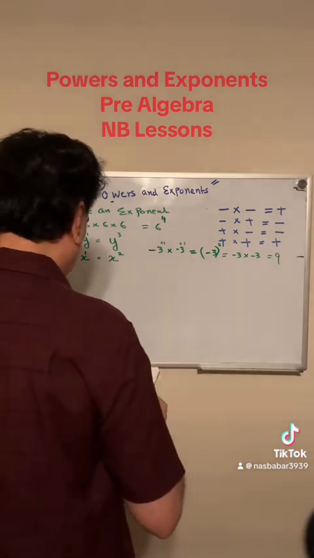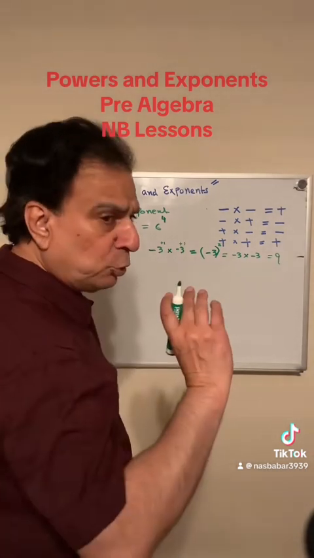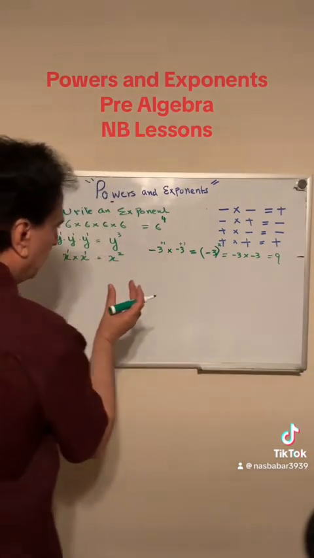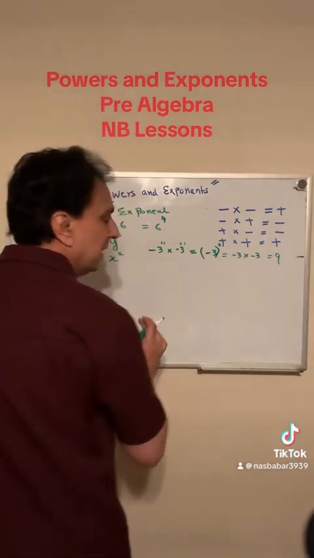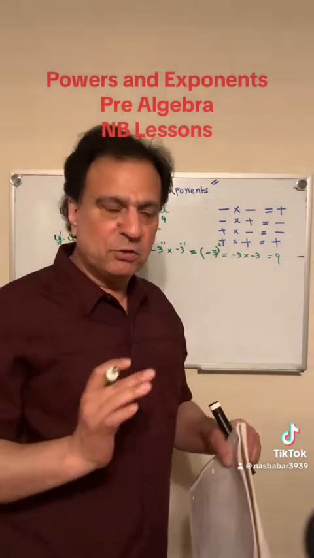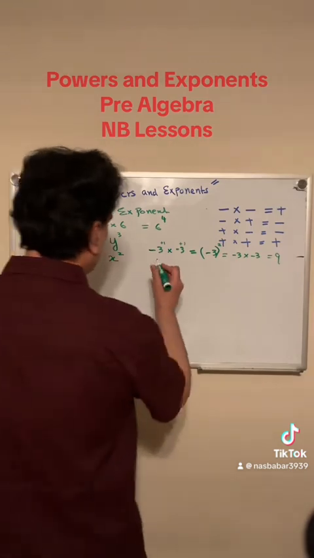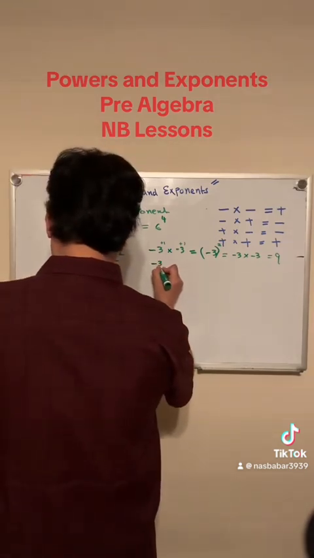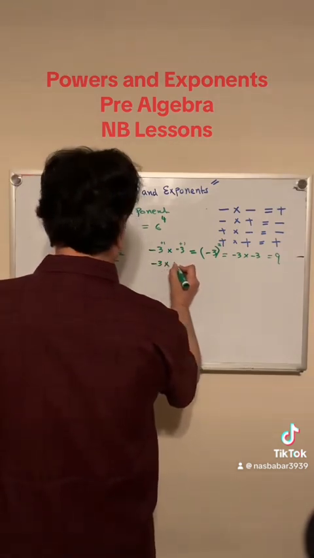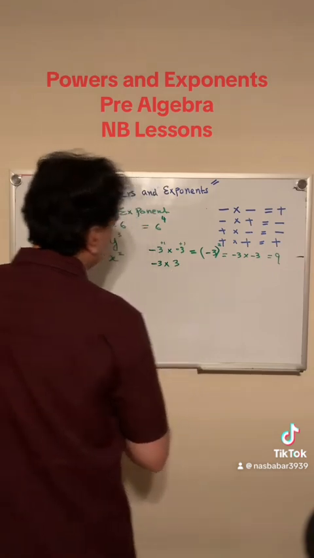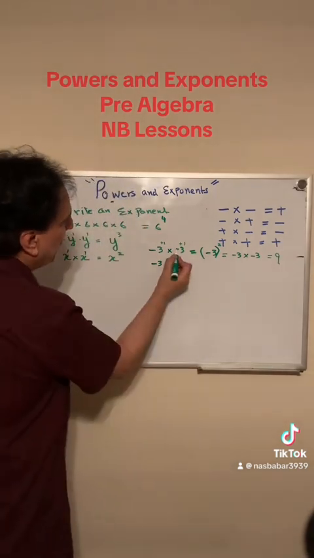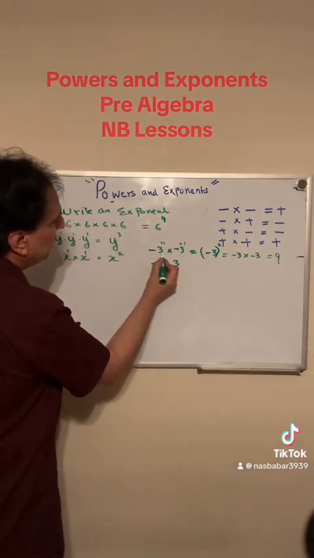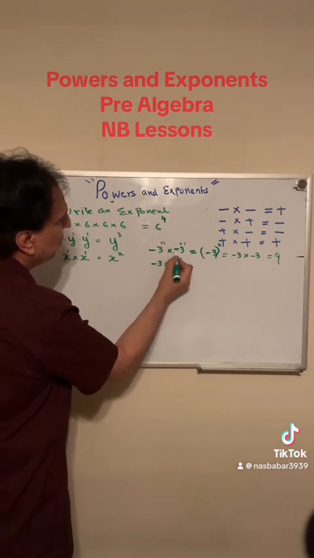Okay, so now let's twist the same problem just a little bit and you will notice that I will get different results. So we do minus 3 times 3. Now in this case when I did minus 3 times minus 3, I had minus over here also and minus over here, and I'm multiplying them.